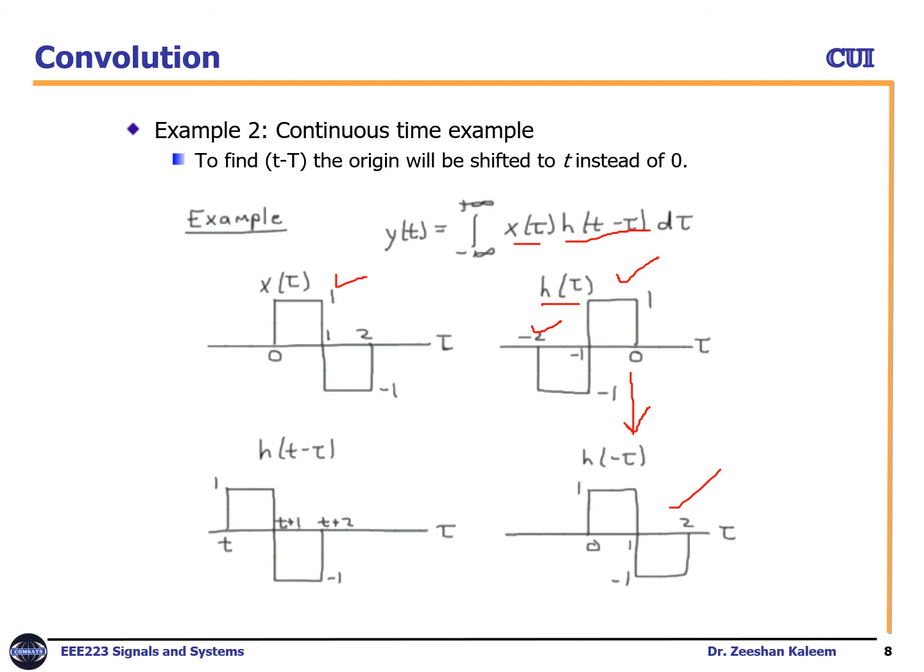So it is the flipped version, h of minus tau. Now to calculate h of t minus tau, just instead of 0 you have t, instead of 1 you have t plus 1, instead of 2 you have t plus 2. So the origin is changed from 0 to t, and the other points are changed as well.